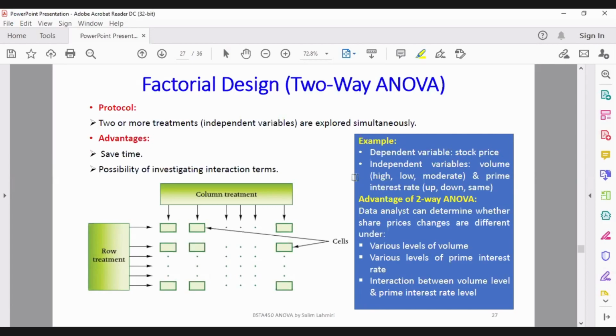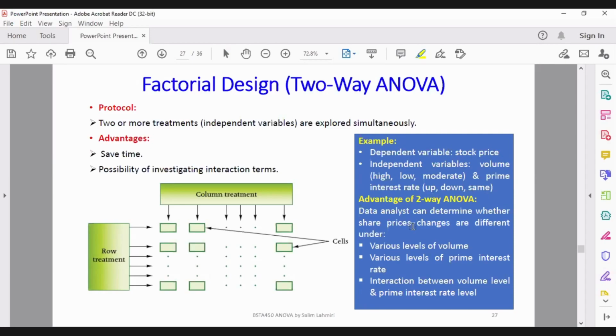In this example, the dependent variable is stock price. The independent variables are volume, which takes three levels: high, low, moderate, and prime interest rates, which take three levels: up, down, and same.